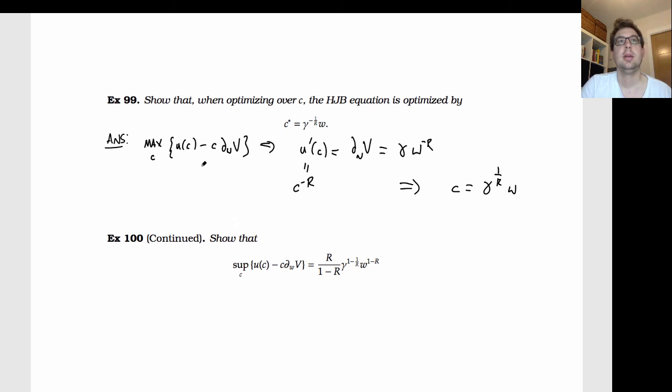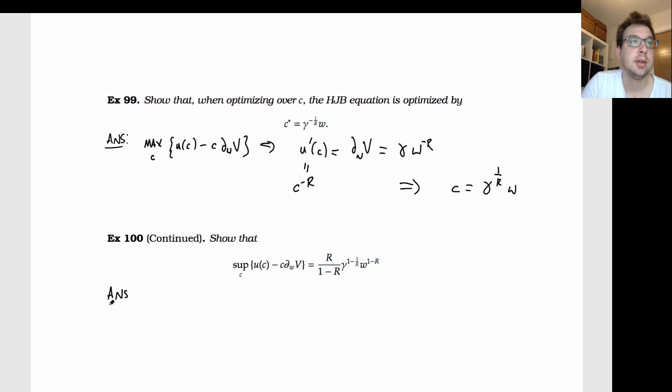Then we can substitute this back into the expression that we had in terms of c in the HJB equation, and we can show that it's equal to r divided by 1 minus r, gamma to the power of 1 minus 1 over r, times w to the 1 minus r. Let's just do that quickly. That's just a substitution step again.